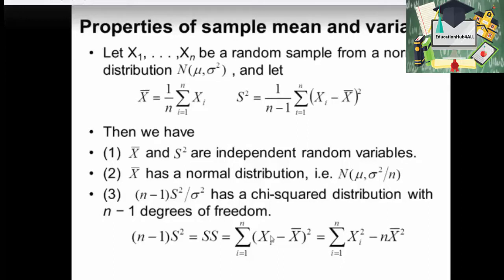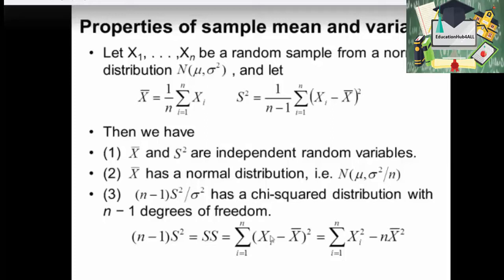But take a look at the variance. The variance becomes much smaller, right? Because it's divided by the sample size. If we just have one sample, it's equal to the population variance. If we have more than one, the variance here is always smaller than the population variance.